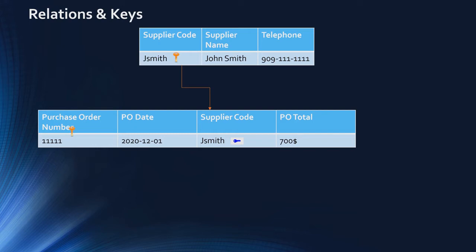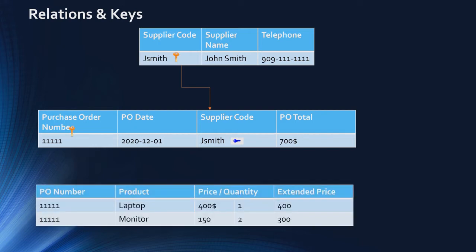Then we have the details of this purchase order. The same way, we reference our purchase order main information to all the details of my purchase order using the purchase order number. So the purchase order number in my purchase order detail is a foreign key.